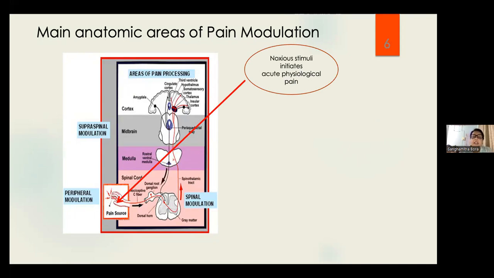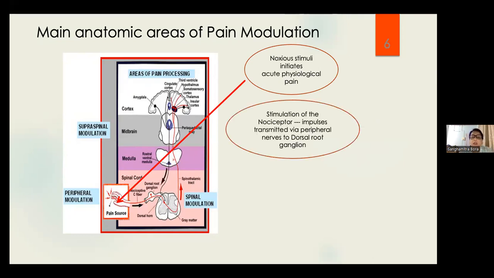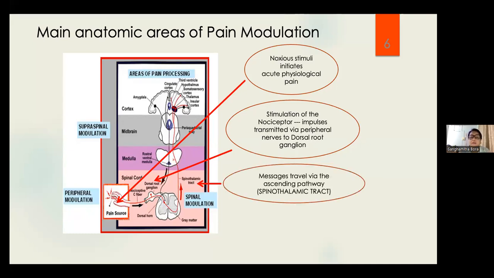That is a noxious stimulus, initiating an acute physiological pain. Then there is stimulation of the nociceptor, and the impulses are transmitted via the peripheral nerves to the dorsal root ganglion of the spinal cord.